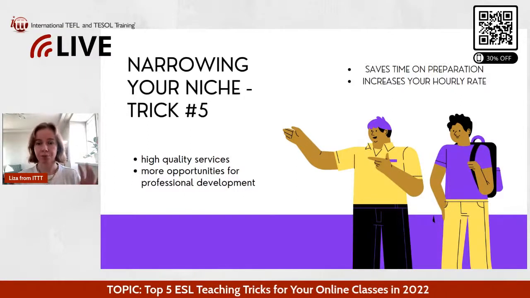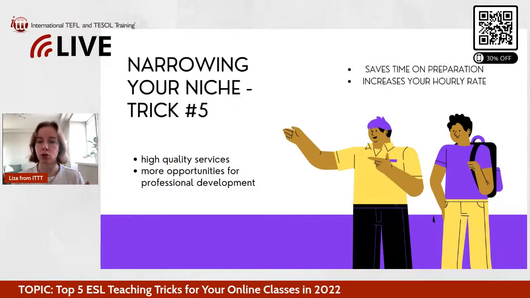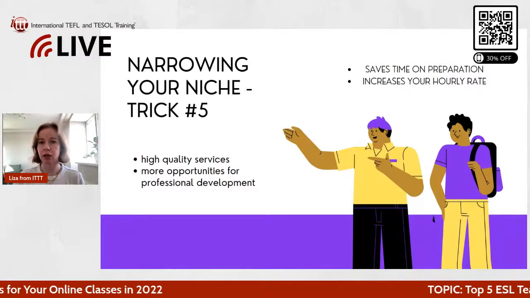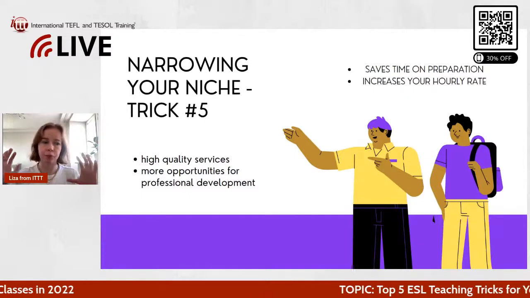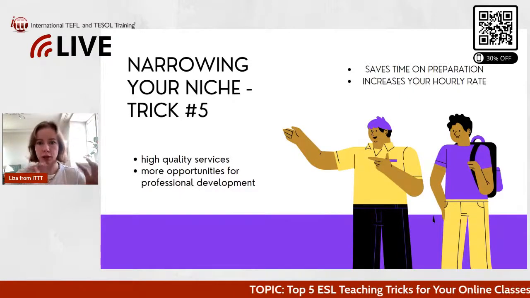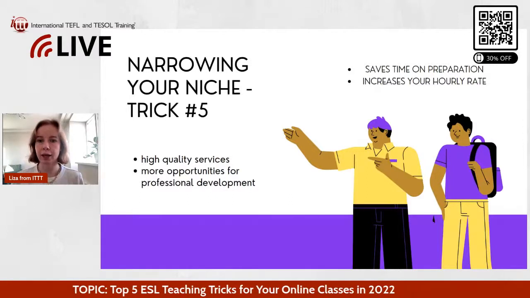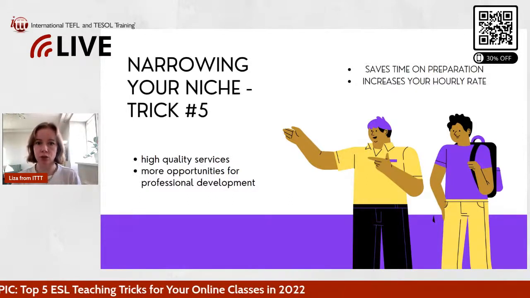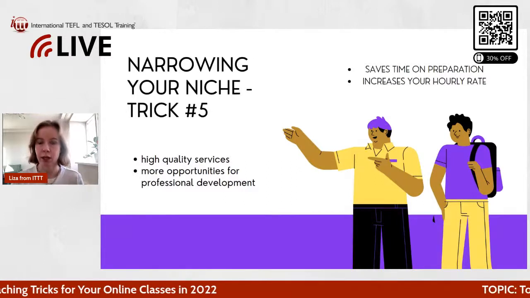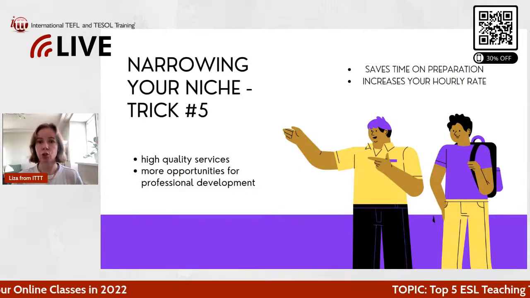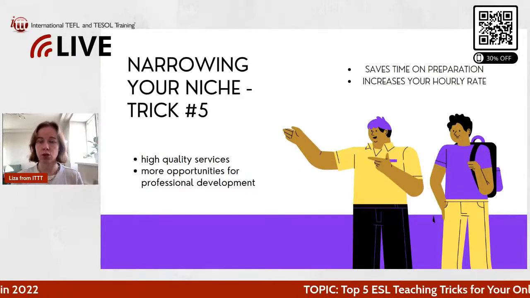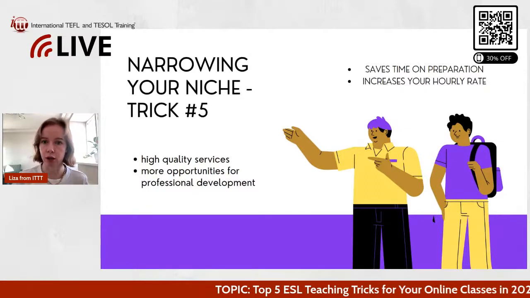That is why it is always better to offer something which is specific and which targets this smaller audience. So, for example, if you like to work with young students but not with adults, then make sure you offer your services to young students only.